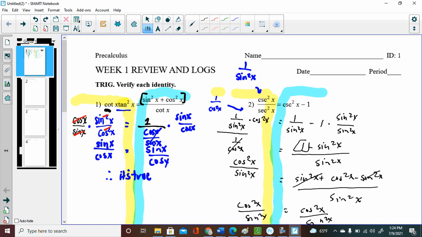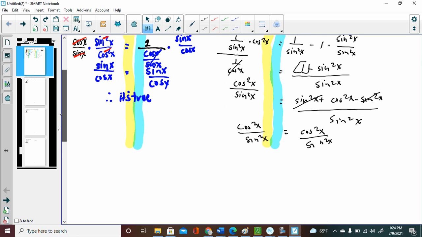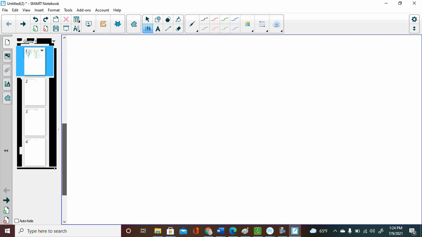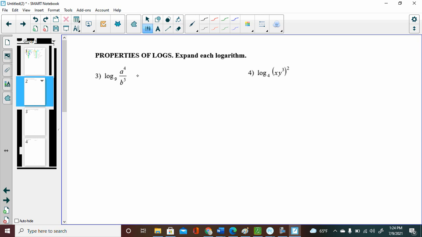So what I'm going to do is make some easier ones so we can get to this place if we're not there already. All right. Numbers 2, 3, and 4. These are expansions of logs. Dividing means I'm going to subtract. So this is log base 9 of a to the 4th minus log base 9 of b to the 5th.